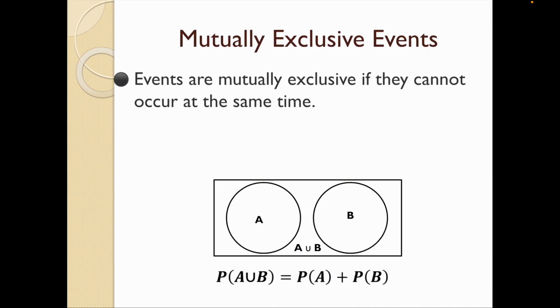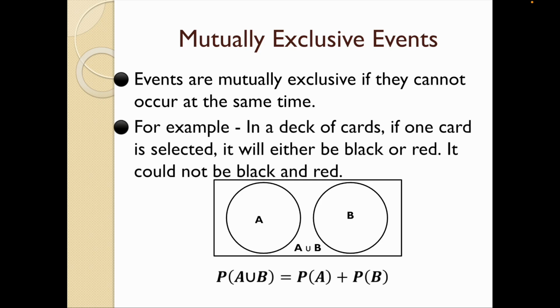All right, so let's talk about mutually exclusive events. Basically, mutually exclusive events are a situation where they cannot happen at the same time. For instance, in a deck of cards, if one card is selected, it would either be black or red. It could not be black and red. You can't have a card that's red and black.